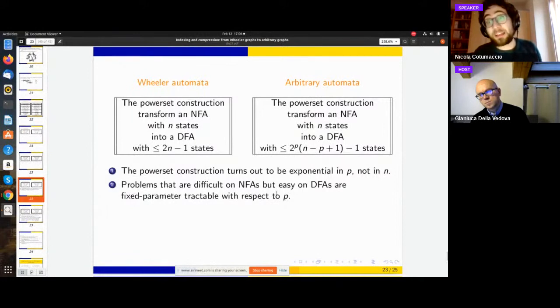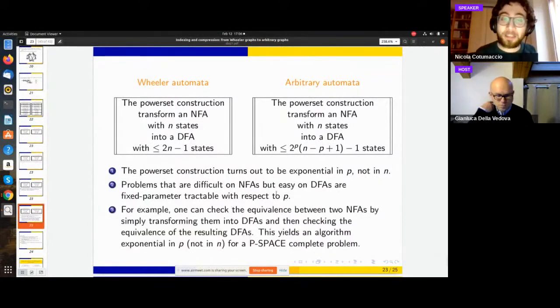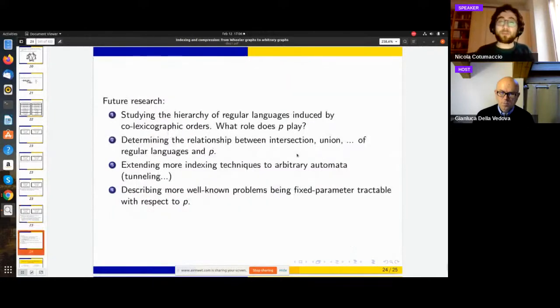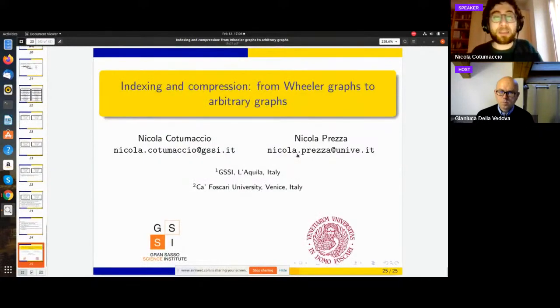So this means that all problems that are difficult on non-deterministic finite automata can be turned into easy problems on deterministic finite automata by simply transforming the non-deterministic finite automaton into a deterministic one, and then I obtain algorithms that are fixed parameter tractable with respect to this quantity p. So this just shows once again that this quantity p seems to nicely describe the complexity of the graph.